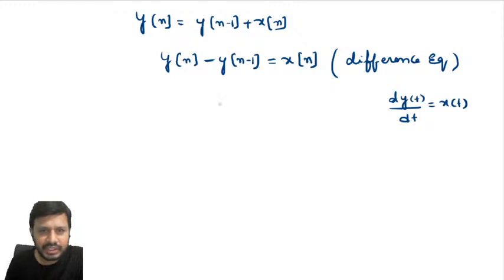The same thing holds here. If the coefficients are functions of the dependent variable, it is non-linear. Here all the coefficients are constants, so I can conclude that this is linear.